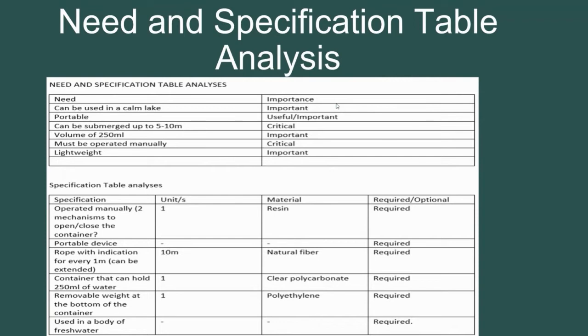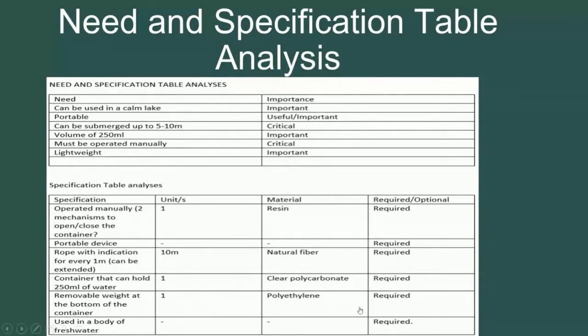The volume of the water sampler can hold water up to 250 millimeters, and then the water sampler must be operated manually and lightweight. These are the important ones, like can be used in a calm lake or fresh water. The volume also important, and the lightweight also important.